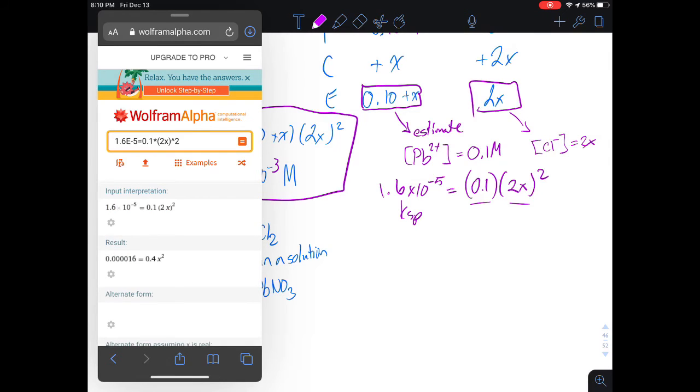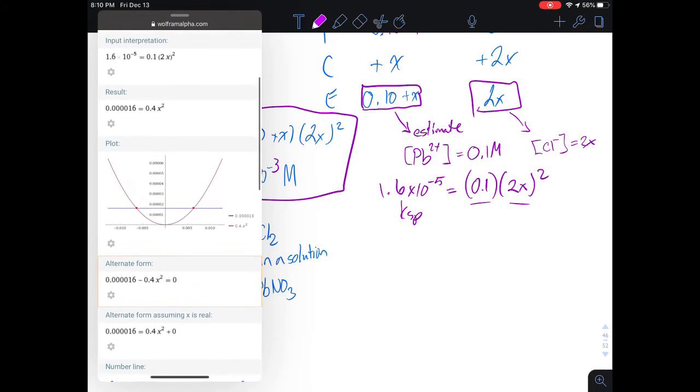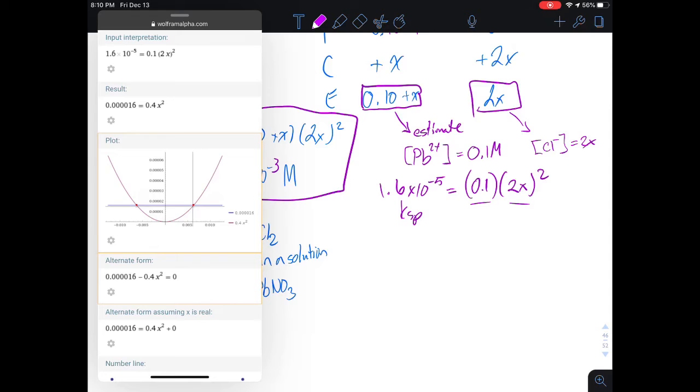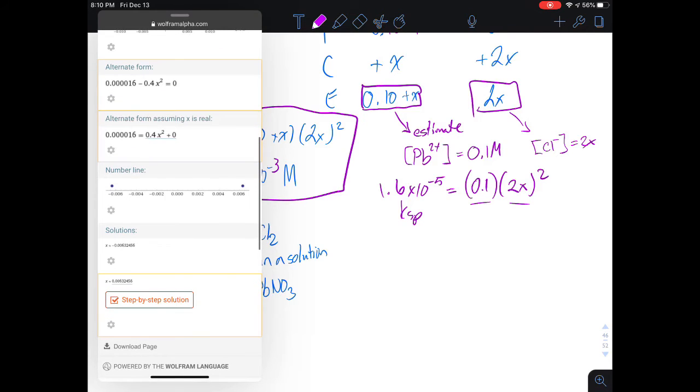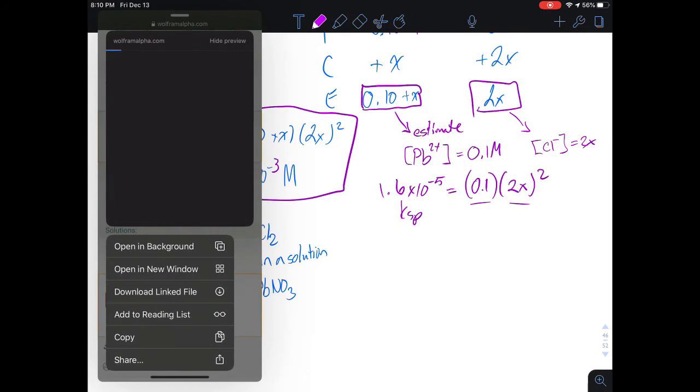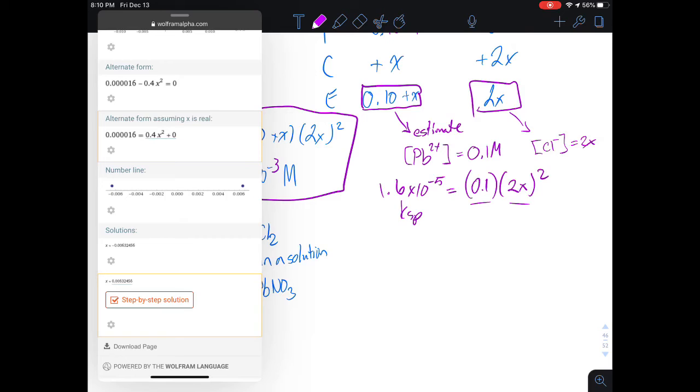See what that looks like. And I get a value here. Maybe this is how I got the problem. Here are the solutions. This is the one I want right down here. That number is what I'm looking for on the bottom. So I probably just copied it wrong.